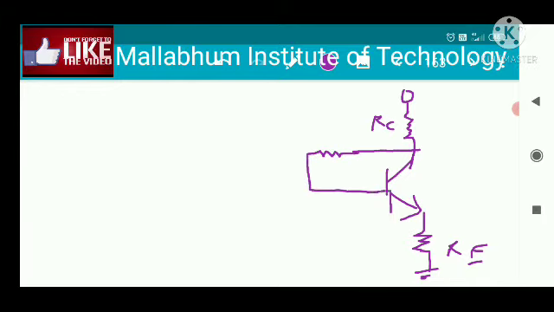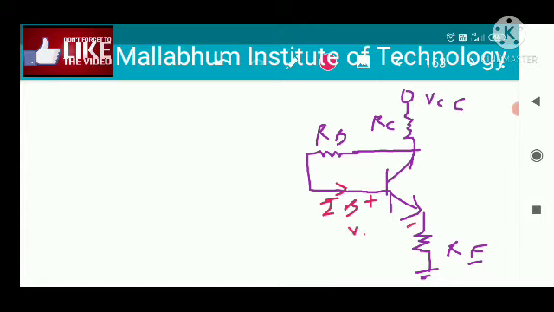That resistance is RB. So collector to base, this is VCC, and if we plot the current across this terminal, this current comes out to be IB, and this is the emitter section again.